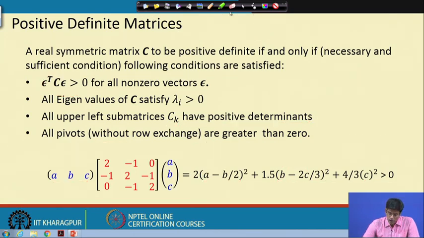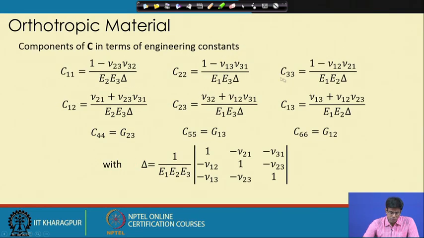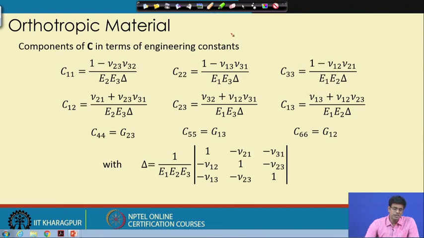So, let us see how we can use these concepts. This is from our previous class, the constitutive matrix. Finally, our objective is to pose restrictions on these engineering constants E and nu and the shear modulus G. We know how these mathematical constants are related to the engineering constants.